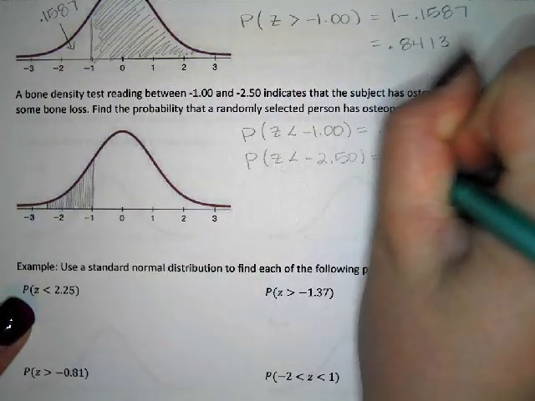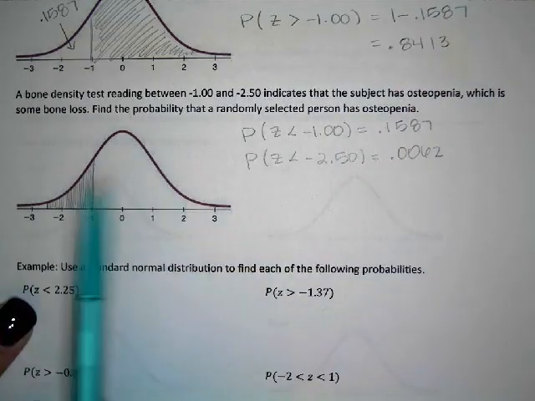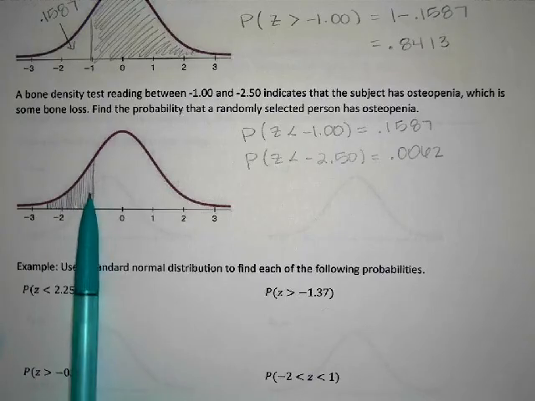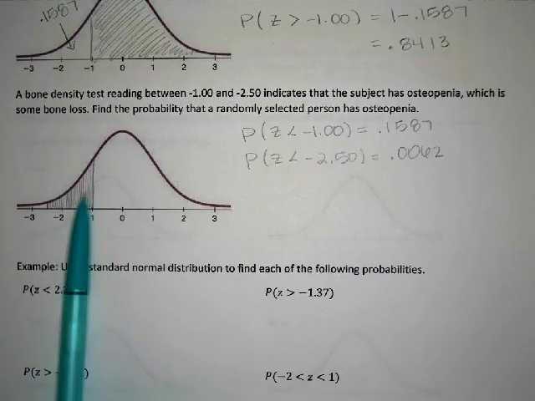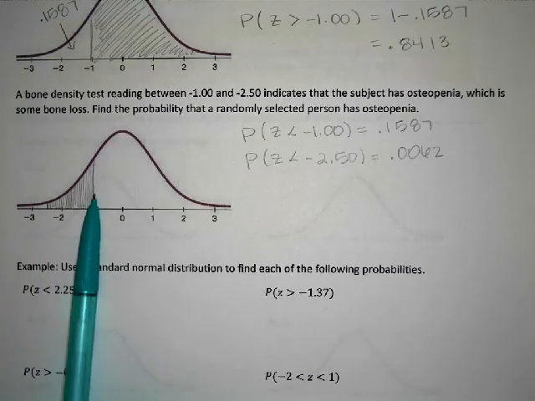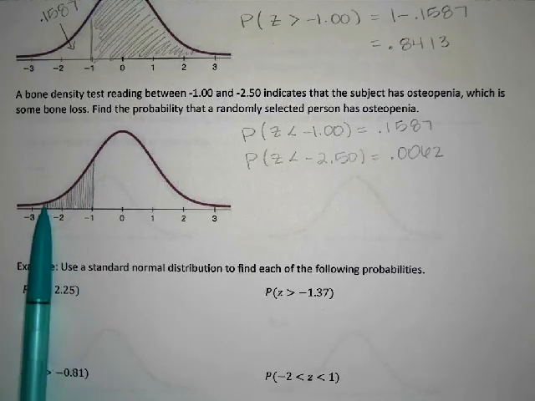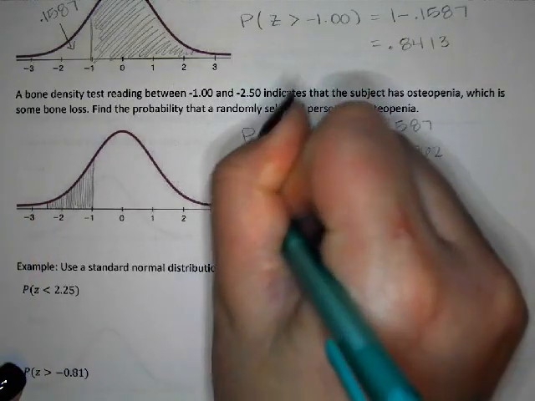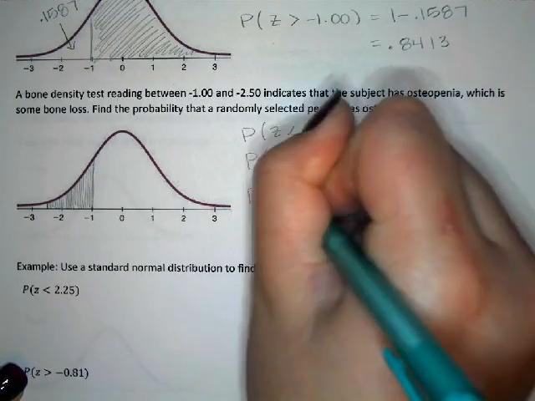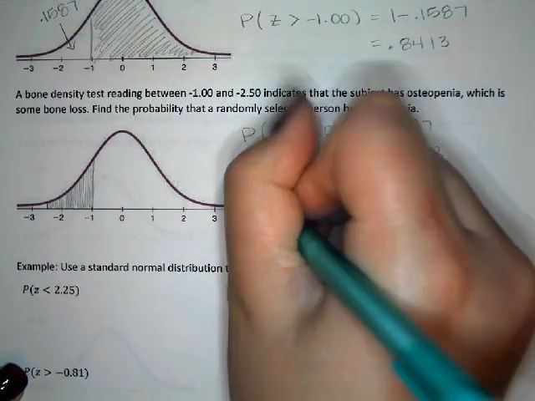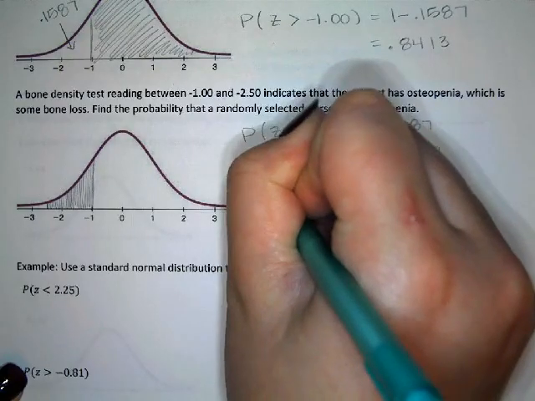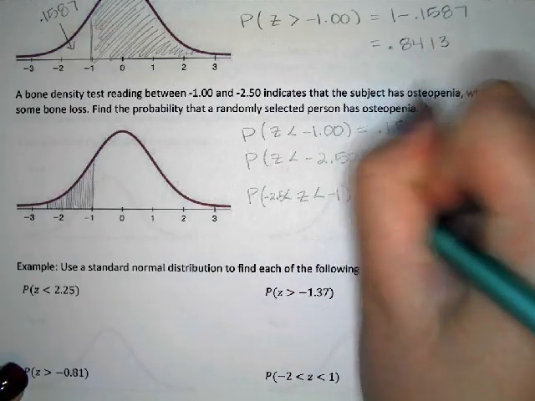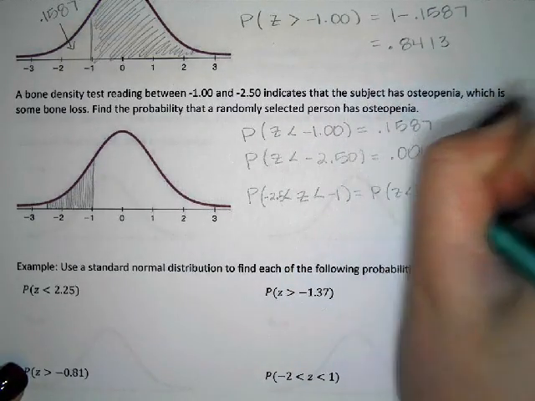And so if we want just the shaded area between the two, then I'm going to take the shaded area from the first one, which is this whole thing, and I'm going to subtract off the shaded area from the second one, which is just this part right here. So the probability that z is between -2.5 and -1 is the probability that z is less than -1 minus the probability that z is less than -2.5.